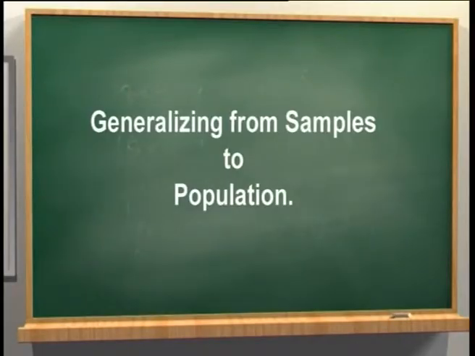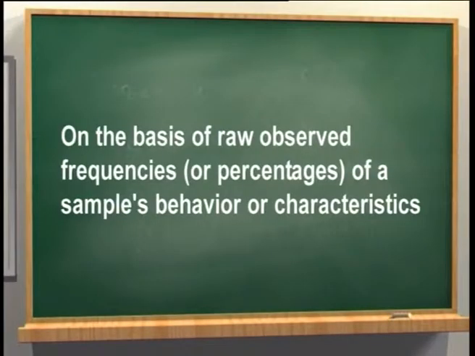Generalizing from samples to populations. We usually want to measure a sample in order to know something about the larger populations from which our samples were drawn. On the basis of raw observed frequencies or percentages of a sample's behavior or characteristics, we can make claims about the sample itself.